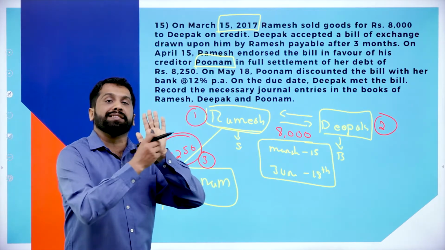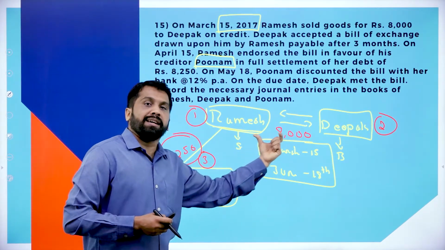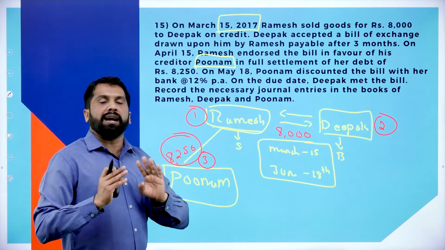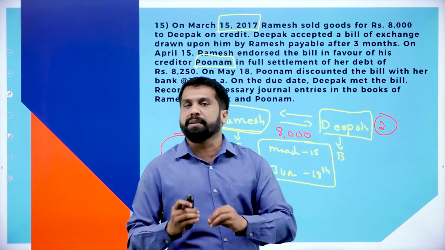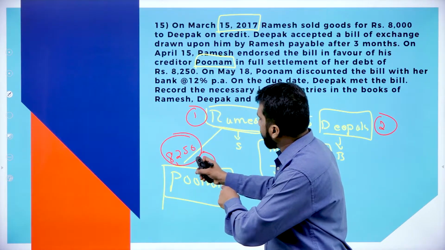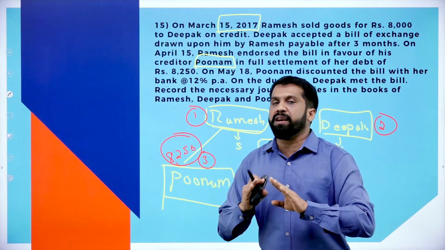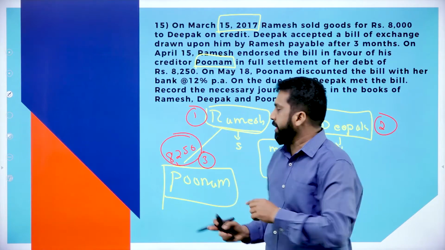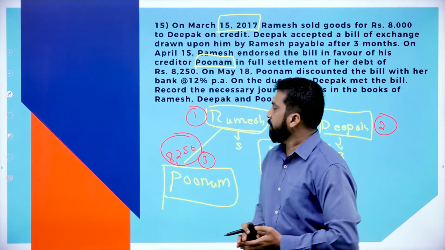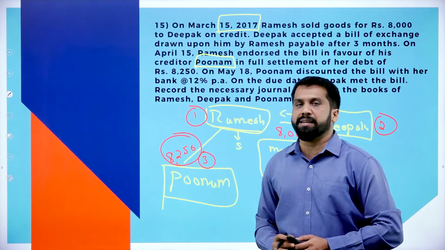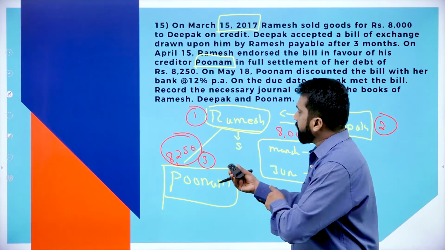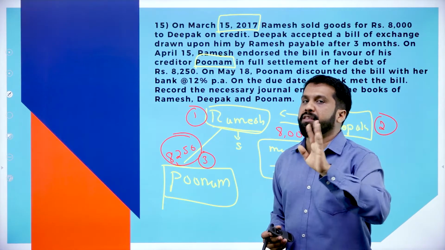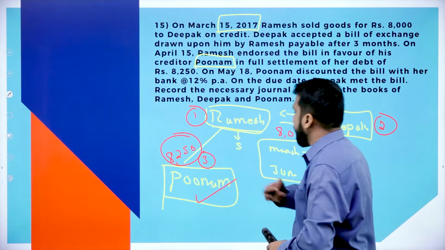Whatever document you have given, the signed one for 8,000, that 8,000 agreement copy, I'll give it to Poonam. I'll say that I don't have money. I have to pay you 8,250. I cannot pay 8,250, but I can give you the bill worth 8,000. Will you accept? So Poonam accepted. You don't pay me 8,250. You give me that bill, that is sufficient. I am happy with 8,000. Poonam agreed.